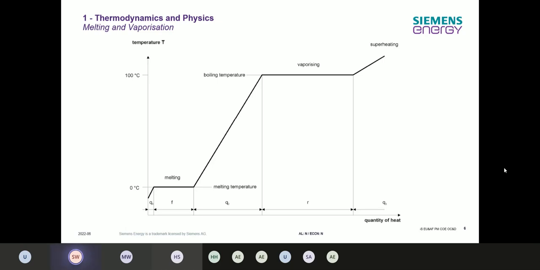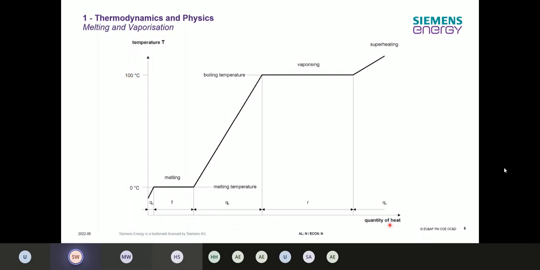Sheet, we have over here thermodynamics and physics, melting and vaporization. So we're seeing here on one axis the temperature, from minus degrees to 0 degrees to 100 degrees. So normally the melting point of ice and then the boiling temperature of water.